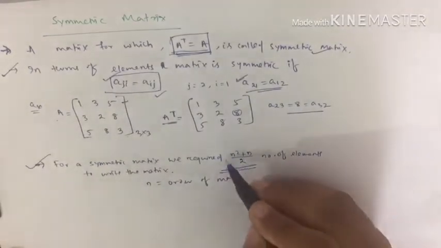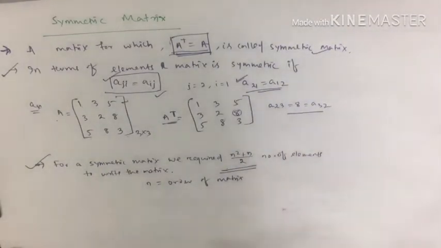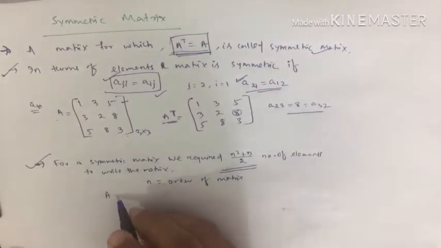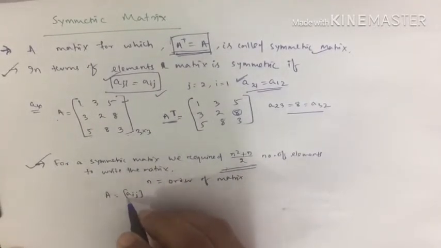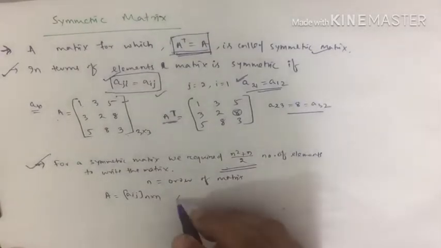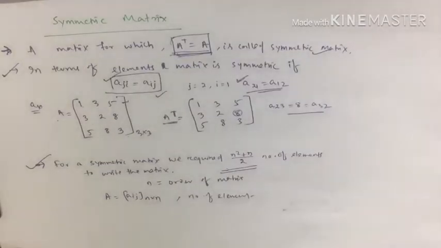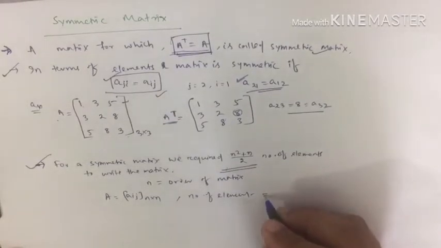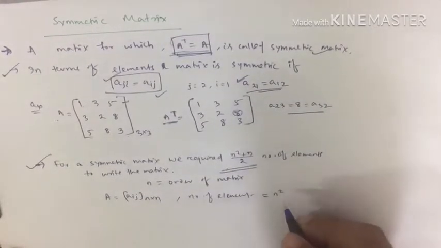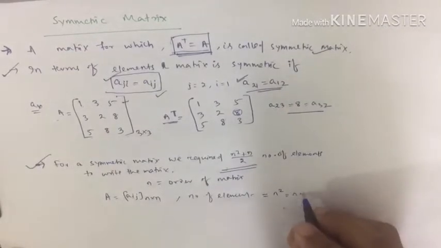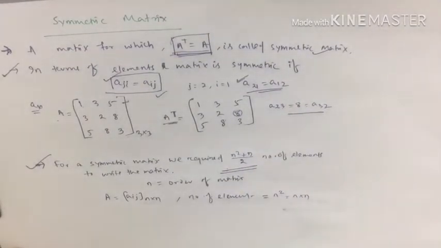So why do I write this? Let's prove it. For any matrix A of order n cross n, how many number of elements? Obviously n square.